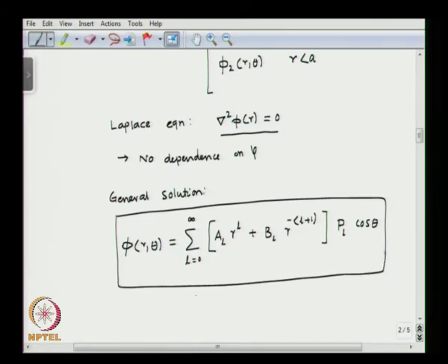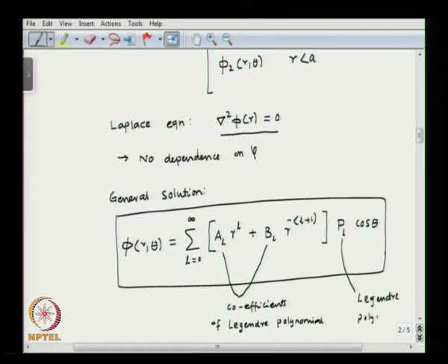A L and B L are coefficients of the Legendre polynomial, P L is the Legendre polynomial, and L varies from 0 to infinity.